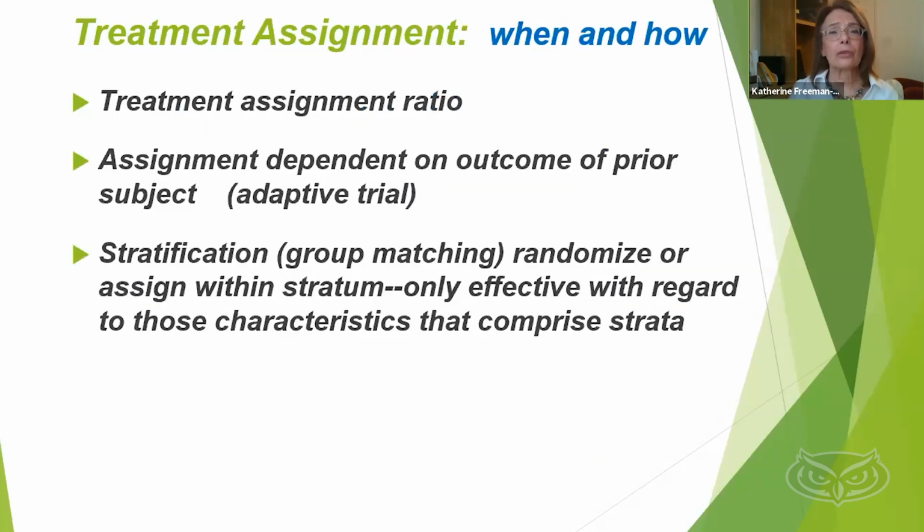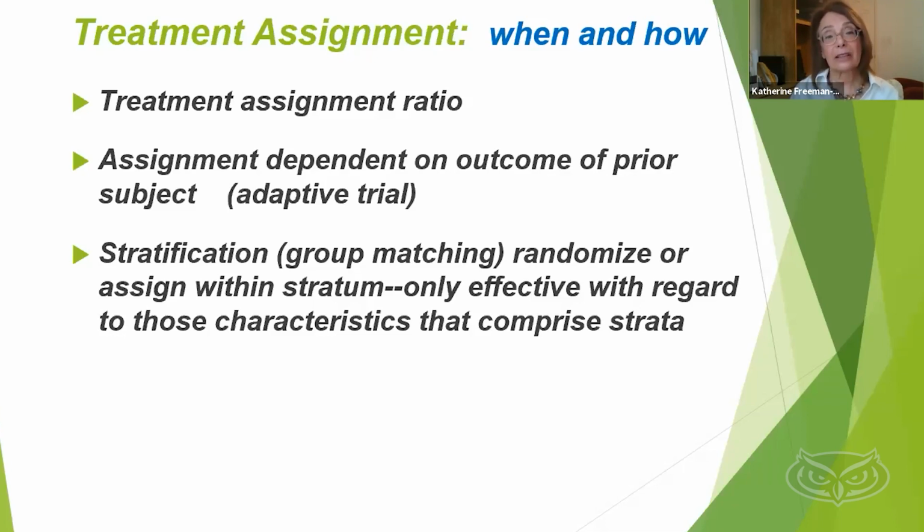Okay, well, how do we assign treatments or interventions to participants? Well, in our protocol, we start out with a randomization ratio or treatment assignment ratio. And that ratio doesn't necessarily have to be 1-to-1. When the HIV AZT trials started, it was 1-to-1 because we didn't know any better.